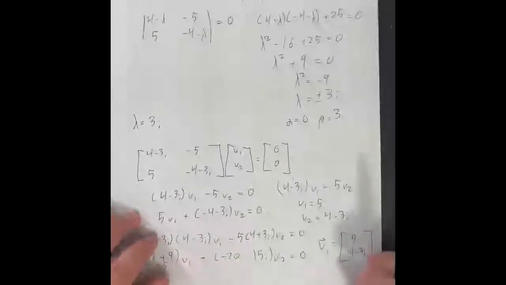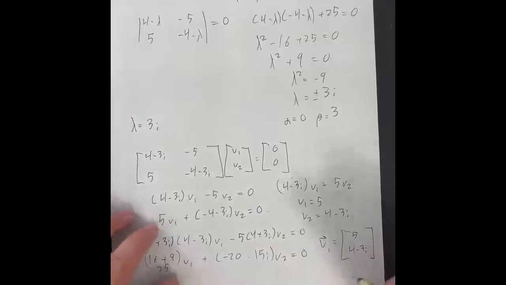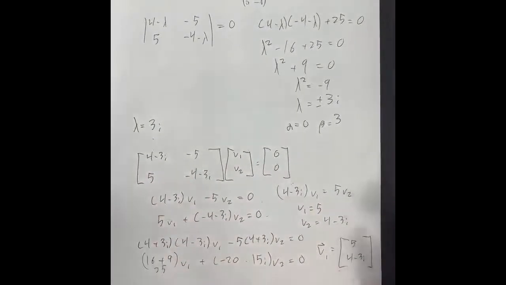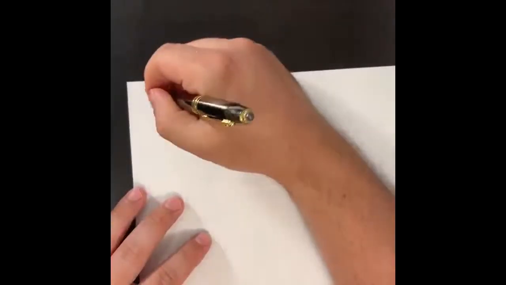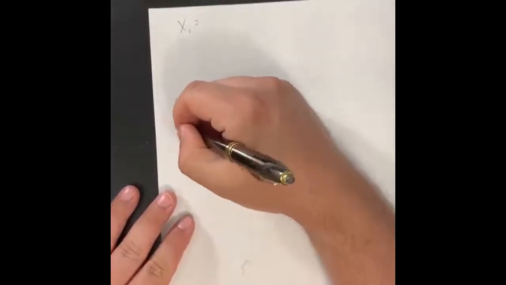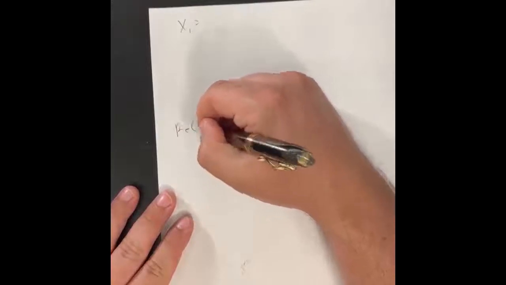So basically, we've done all the hard part now. We found the eigenvector, we know the eigenvalue, and we can write down two different equations, basically just using our formula from before. So x1 becomes, first of all, let's find the real and imaginary parts of that vector.